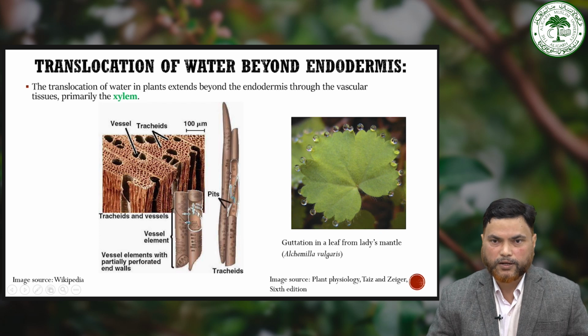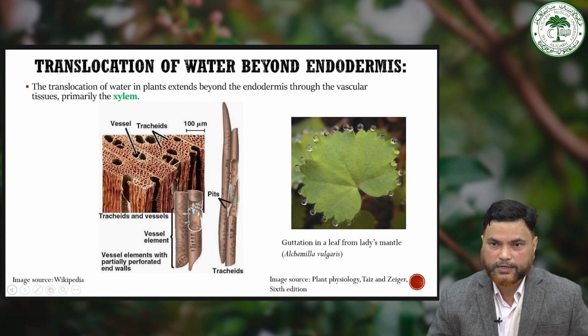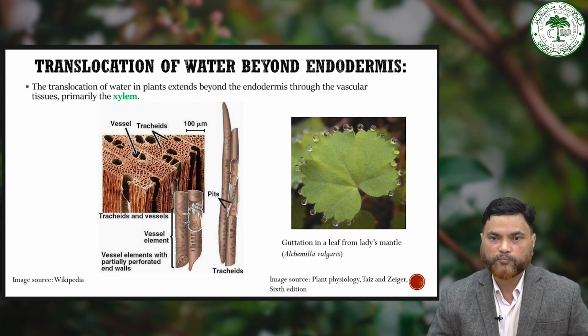On the extreme left side, vessel elements, as compared to tracheids, are shorter and have perforated end walls that form a perforation plate at each end of the cell wall. Like tracheids, vessel elements also have pits on their lateral wall.